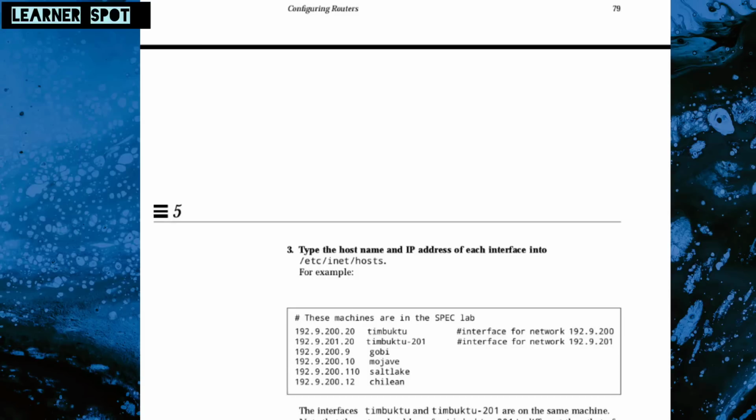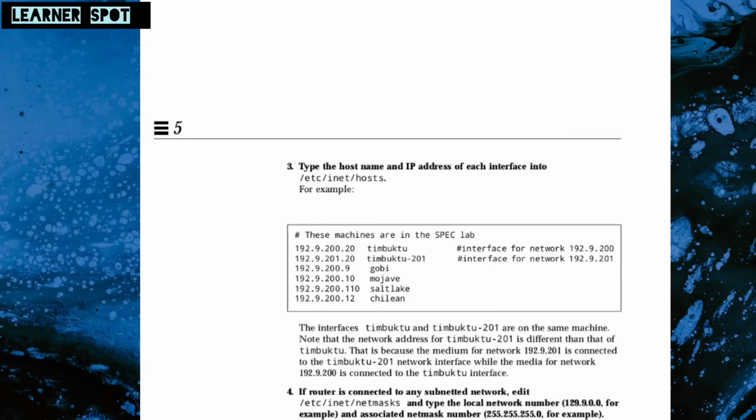We have machines like Timbuktu and different types of machines. If the router is connected to any subnetted networks, we have to edit the netmasks file and type the local network number, for example 129.9.0.0, with the associated netmask number 255.255.255.0. We have considered these as the example.